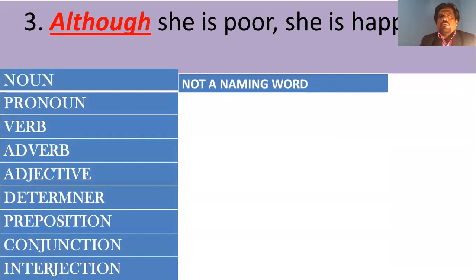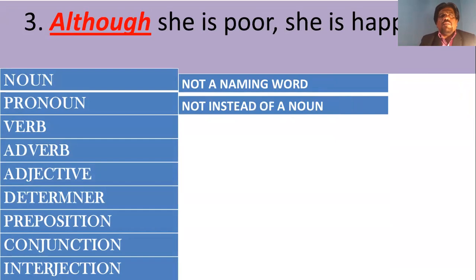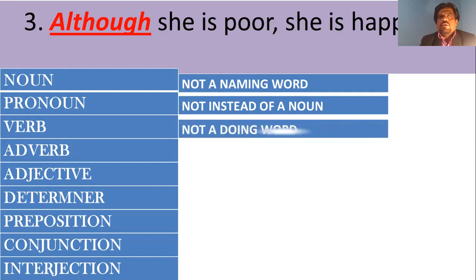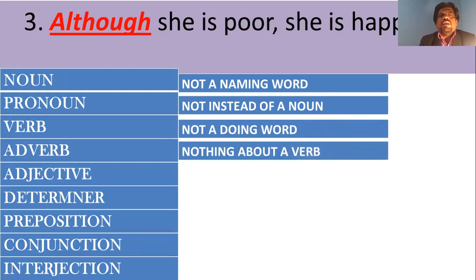It's not a noun because it is not a naming word, though it is the first word of the sentence. Is it a pronoun? No, it is not used instead of a noun. Is it a verb? No, it's not a doing word. Is it an adverb? No, it doesn't modify any verb.